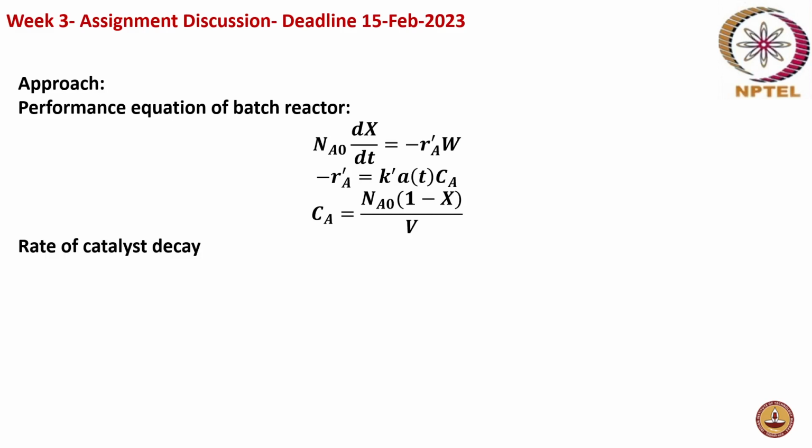Next, what is the rate of catalyst decay? They have given it as zero order decay, right? That means minus da/dt is equal to Kd, some constant. Then upon integrating between the limits 1 to a, why have I used 1 to a on the left hand side?